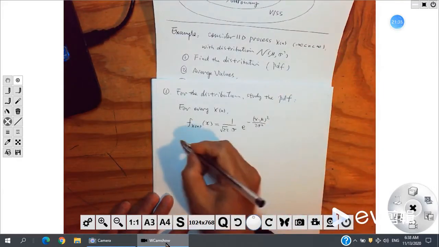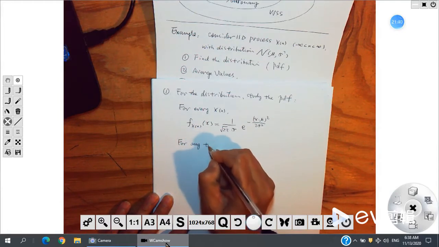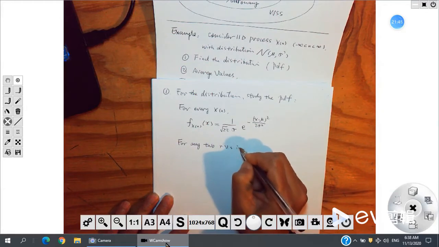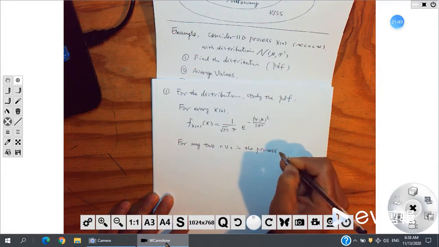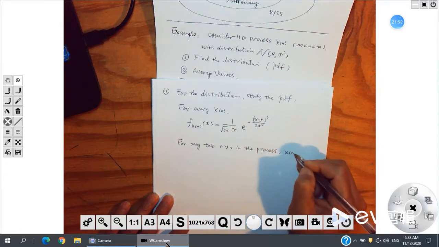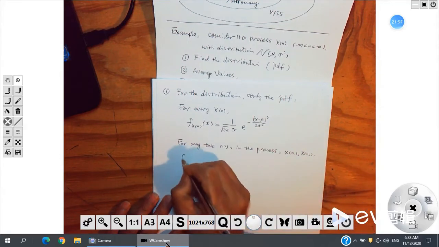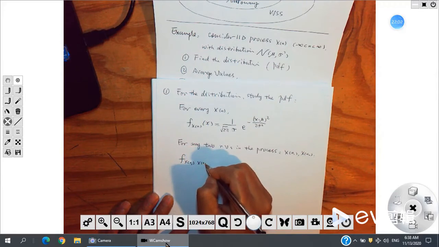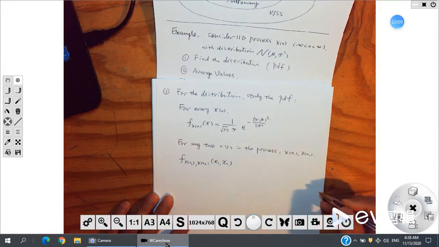And then for any two random variables in the process, say x of n1 and x of n2, we consider f x n1 x n2. We want the joint distribution of x1 and x2. What is this?